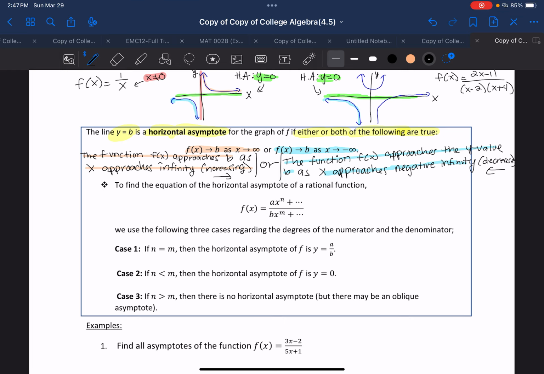It just so happens that in both of these examples the horizontal asymptote is y equals 0, but it doesn't have to be y equals 0. It can be any y value the graph is approaching. I just used both of these examples to show you.